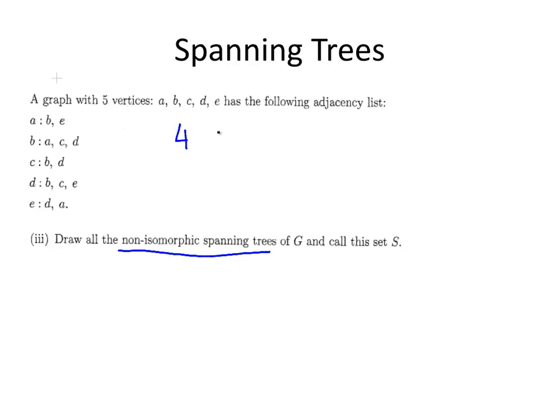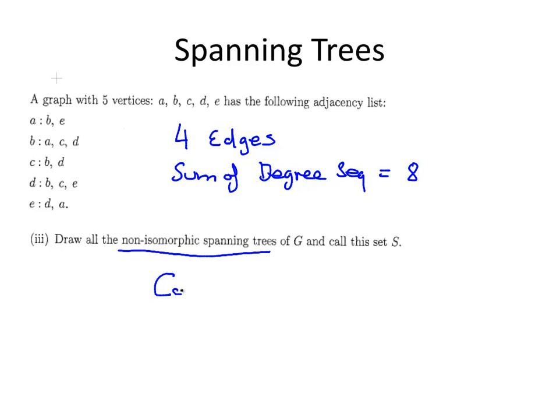There'll be 4 edges. The sum of the degree sequence is going to be 8. It has to be connected. Okay, a spanning tree has to be a connected graph.